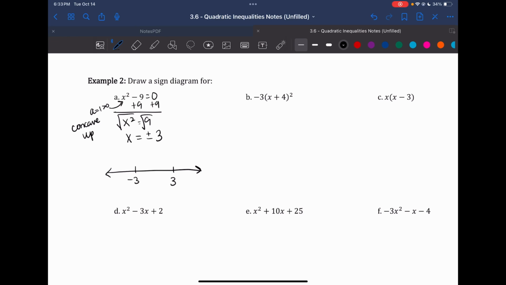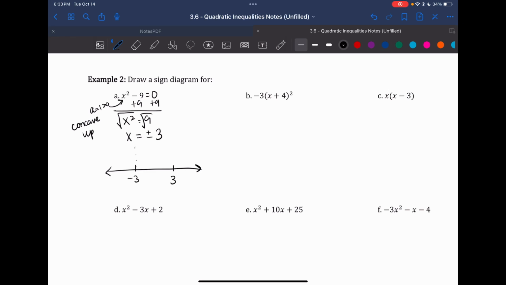So since I know it's pointing up, I can imagine a parabola pointing in the upward direction. I don't have to graph it. It's not going to look perfect, and that's okay, because again, it's just a sketch to get my mind thinking about what's happening in the graph. And as I can see, on the left-hand side, it is positive, and same thing on the right-hand side. But in the middle, it is negative.